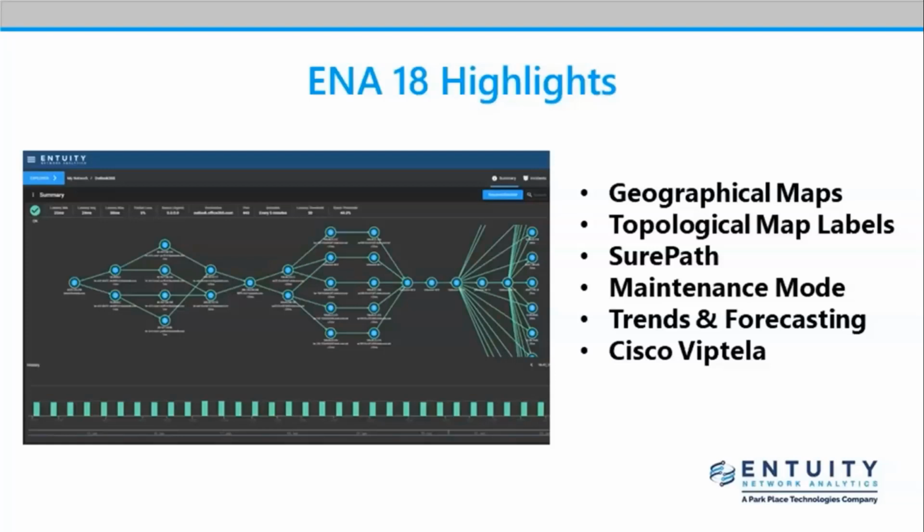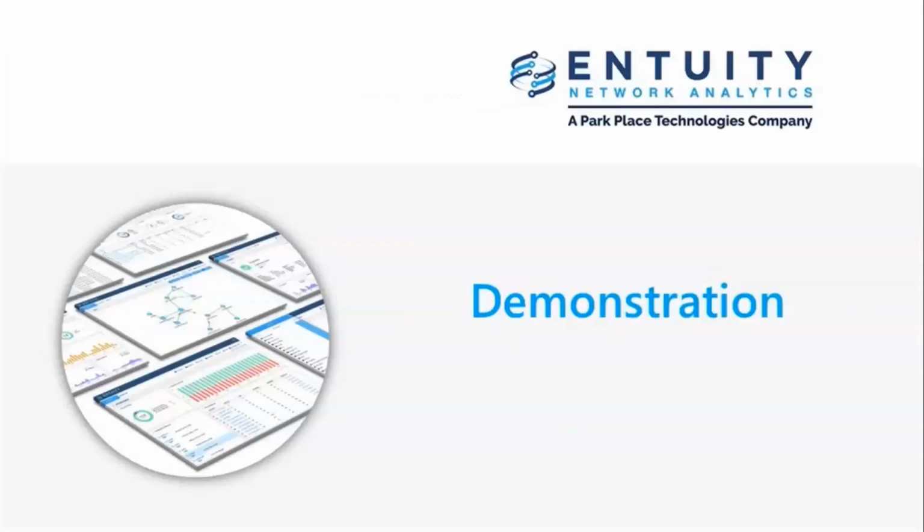I'm then going to take over and go through a new maintenance mode facility, talk about trending and forecasting, and Cisco VIP telesupport that we've added. So with that, I'm going to pass over to Pete, who's going to take you through geographical mapping.